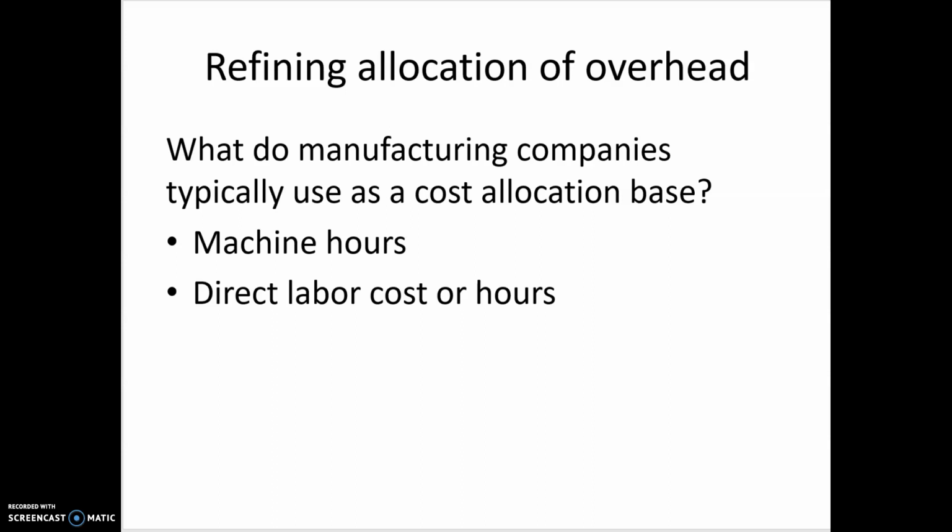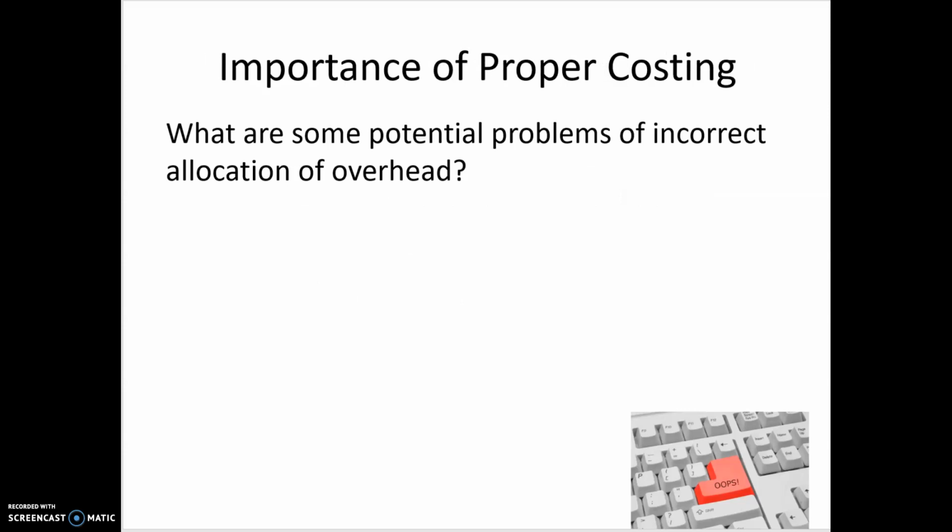So as part of our budgeting process, and we'll do this later in the semester, you will estimate what are the total machine hours you expect to use? What are the total direct labor hours if that's your allocation base? And then also the overhead is going to be estimated as part of the budgeting process. So we can divide to get that predetermined overhead rate.